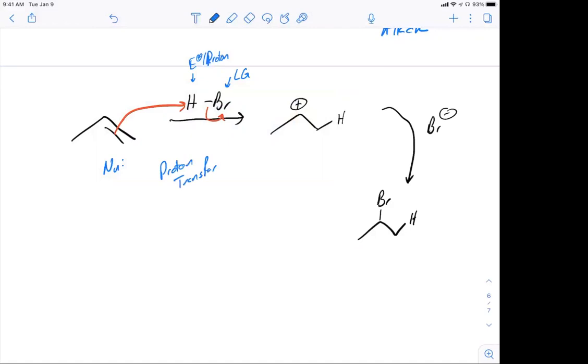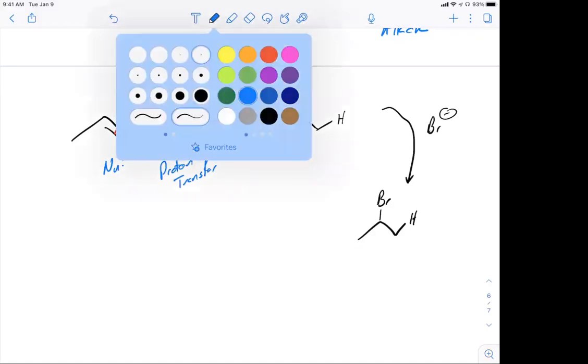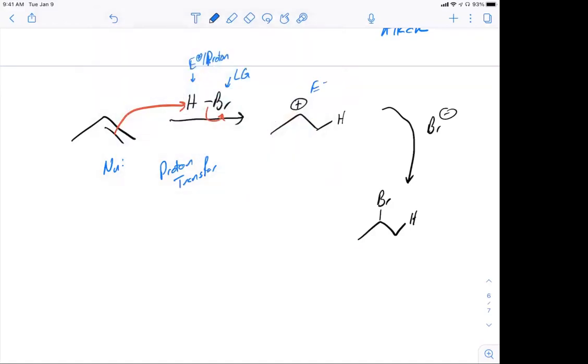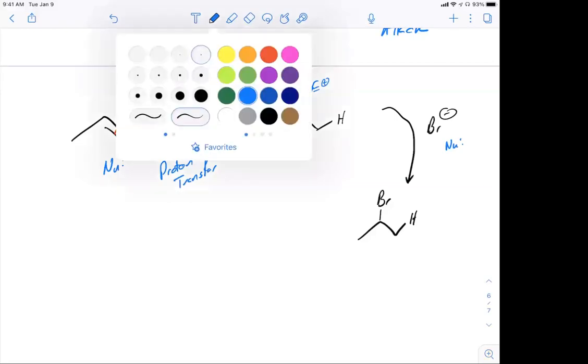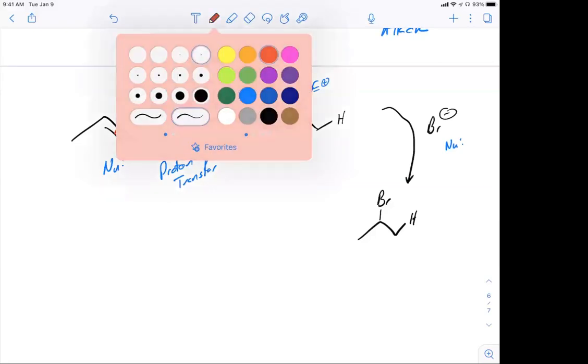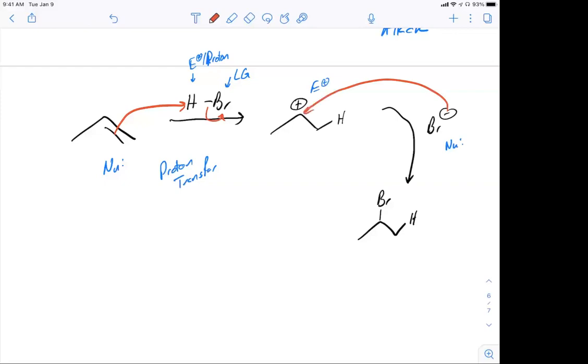Okay, that forms this carbocation. Now, what is the carbocation? Well, that's my electrophile. What is the bromine now? My bromine has switched from a leaving group to a nucleophile. What is the nucleophile going to do? The nucleophile is going to attack the electrophile.